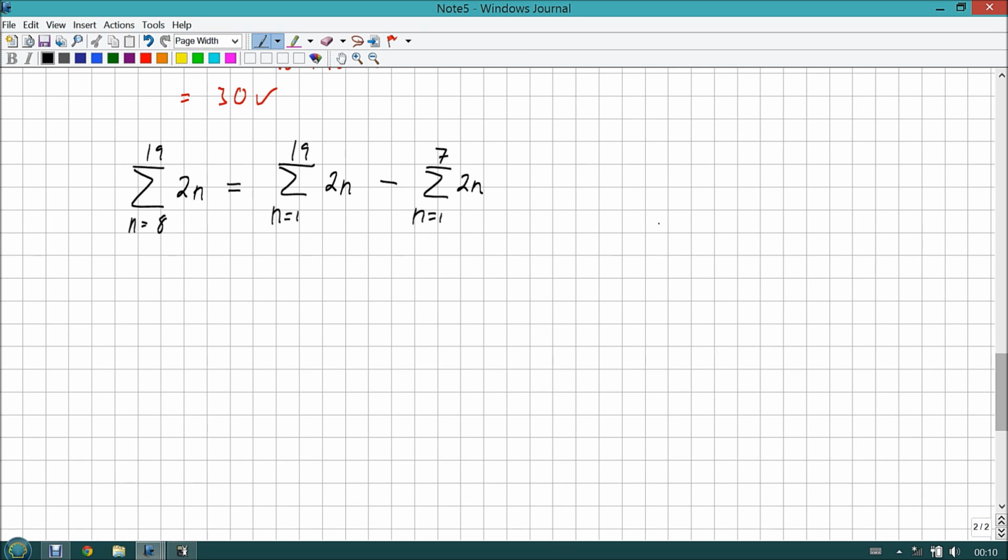So in general, when we're looking at the sum from n equals a to b of a sub n, if it's an arithmetic sequence, we can change that into the sum from n equals 1 to b of a sub n minus the sum from n equals 1 to a minus 1 of a sub n.